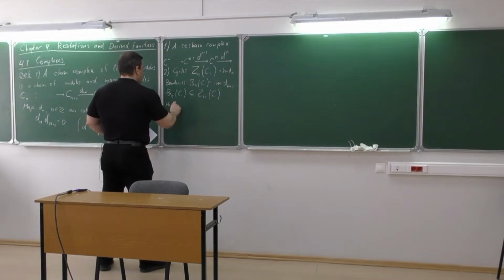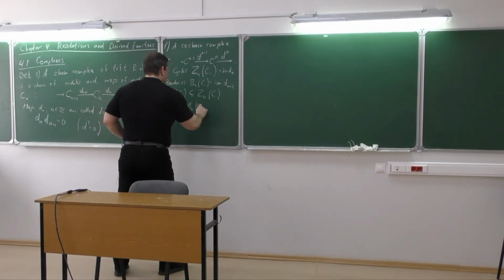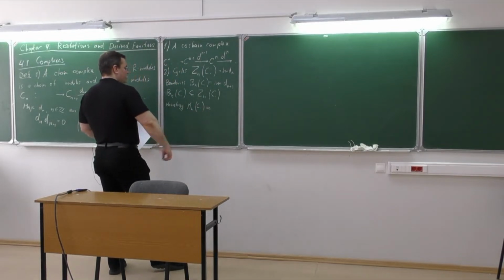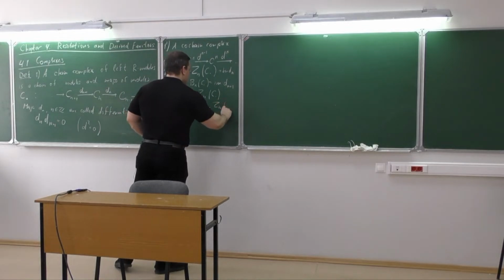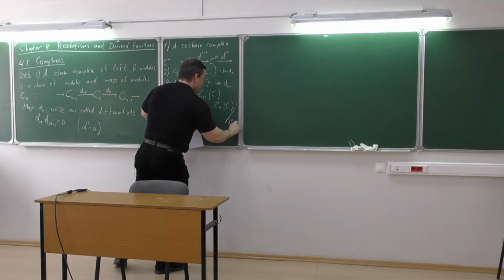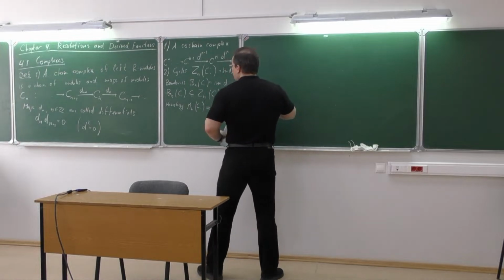So homology of the chain complex. I'm going to use the notation H n for the complex C. This is a measure of how much the cycles are larger than the boundaries, the quotient of the cycles by the boundaries. Okay, so 3.